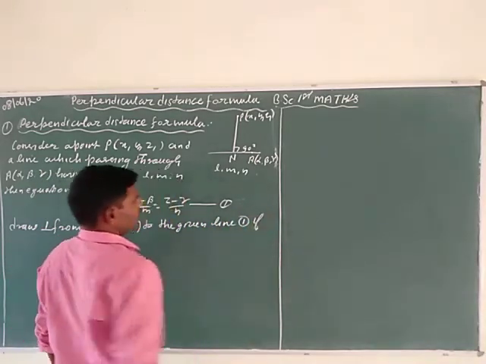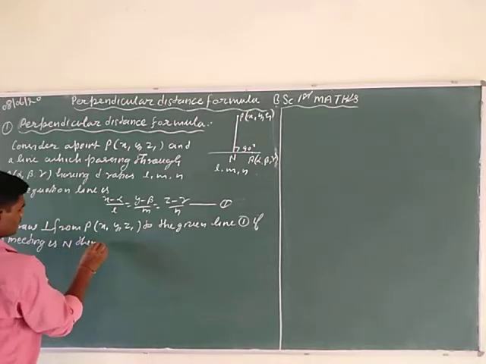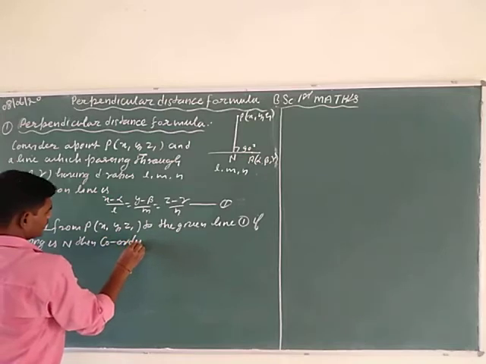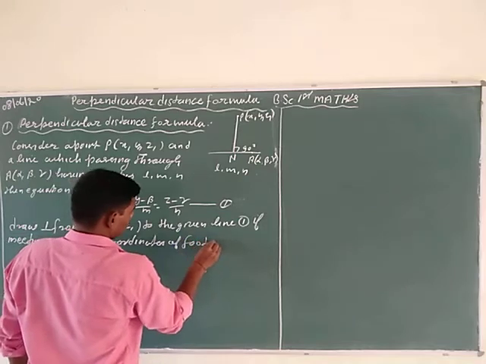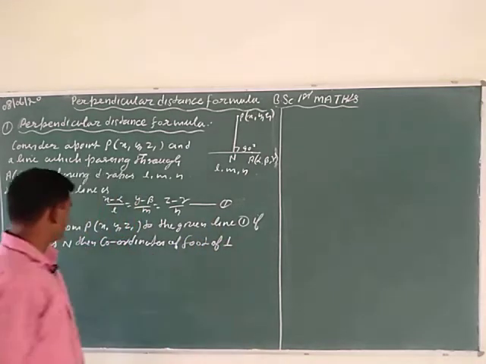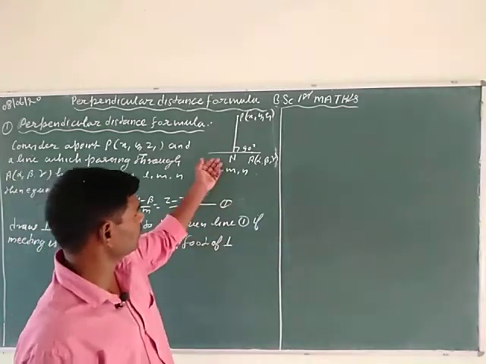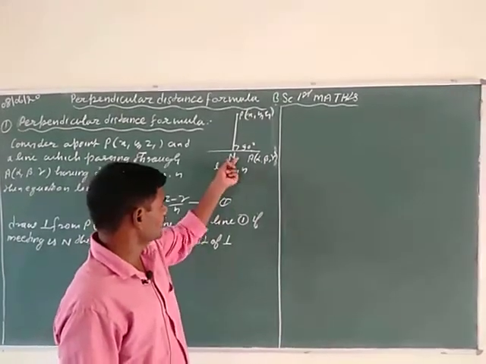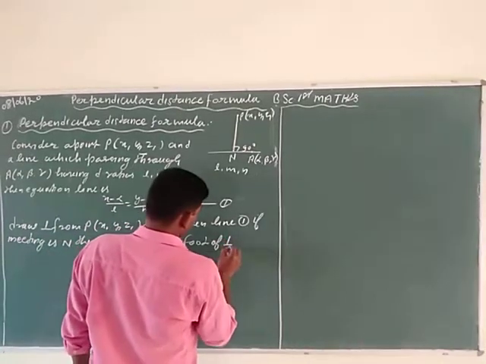If the meeting point is capital N, then we need the coordinates of capital N, the foot of perpendicular. Here point capital N is also known as the foot of perpendicular, which is drawn from point capital P on the given line. N is a point whose coordinates are calculated from equation first.